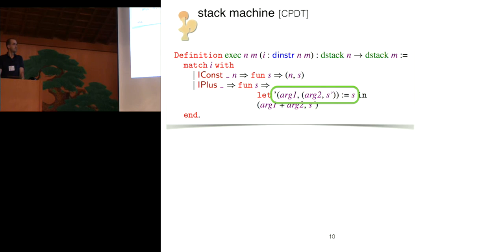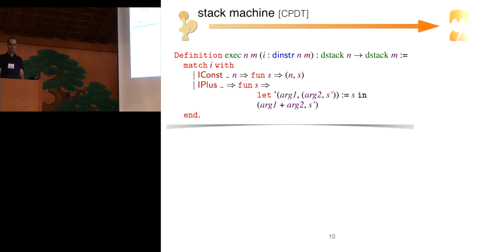This type information through indices allows you to have this nice direct deconstruction, which basically means that your program grabs two elements from the stack without actually checking that there are two elements on the stack. And this is fine for Coq because the type discipline ensures that.